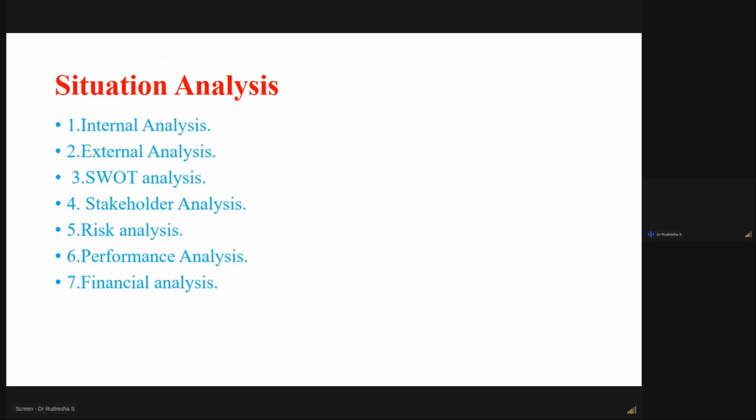Situation analysis: internal analysis, external analysis, SWOT analysis, stakeholder analysis, risk analysis, performance analysis, and financial analysis.